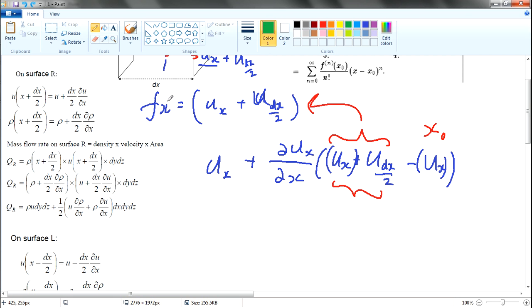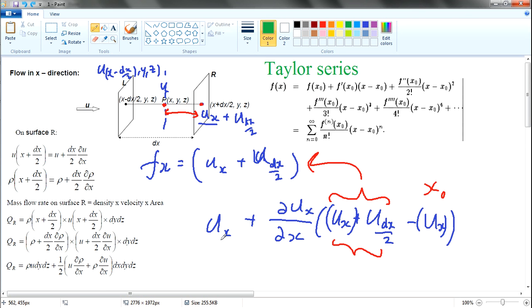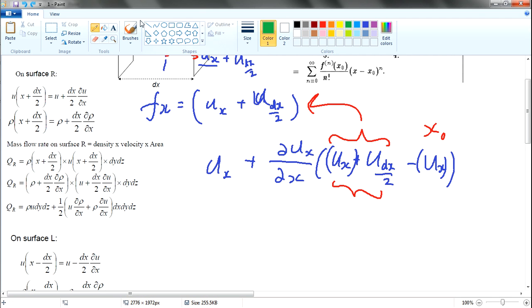As you know, the subscript x is just telling you that the velocity at this point is this thing. So this is actually u. Velocity can be any velocity, but we're talking about velocity at this point, plus partial u partial x.